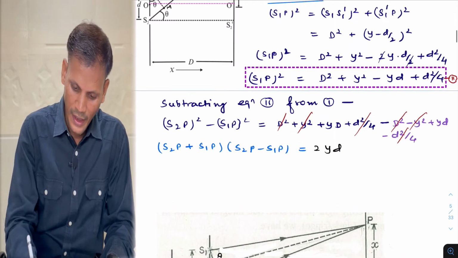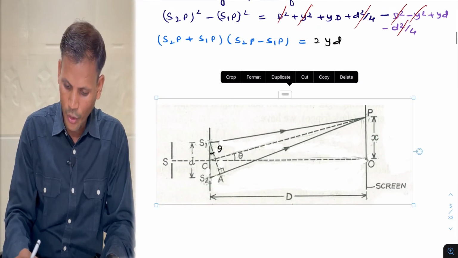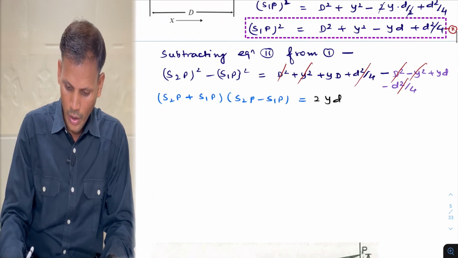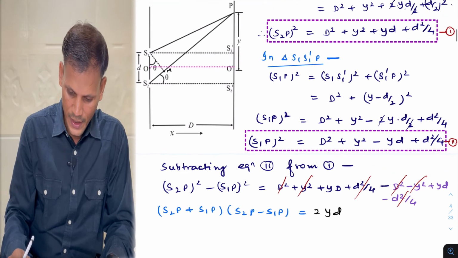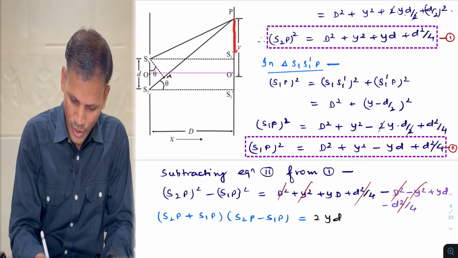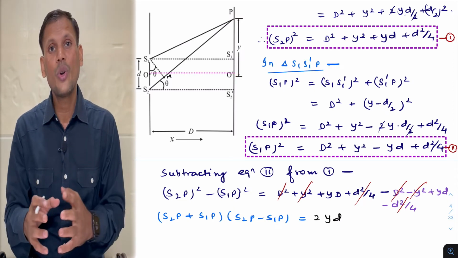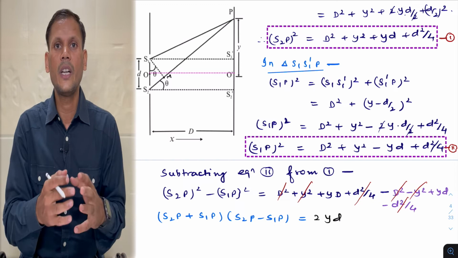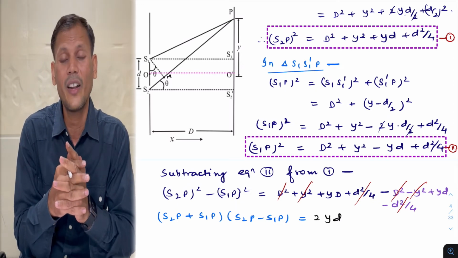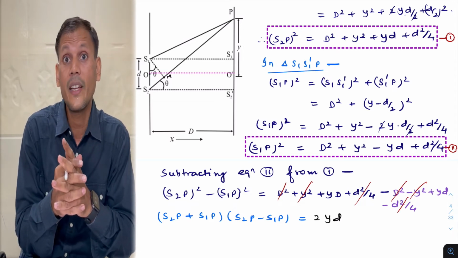Further, we already know, as we can see in this diagram, if point P is very close to O dash. If point P is very close to O dash, means what? Fringe widths, as we will do practically, are of the order of 10 raised to minus 6 or 10 raised to minus 3. So it is very small.